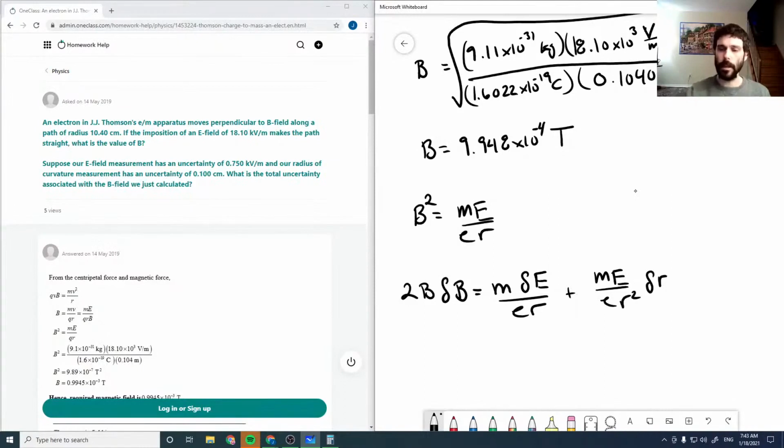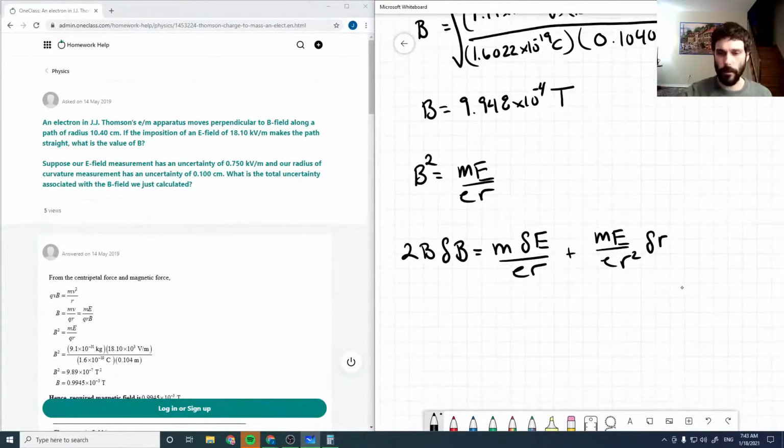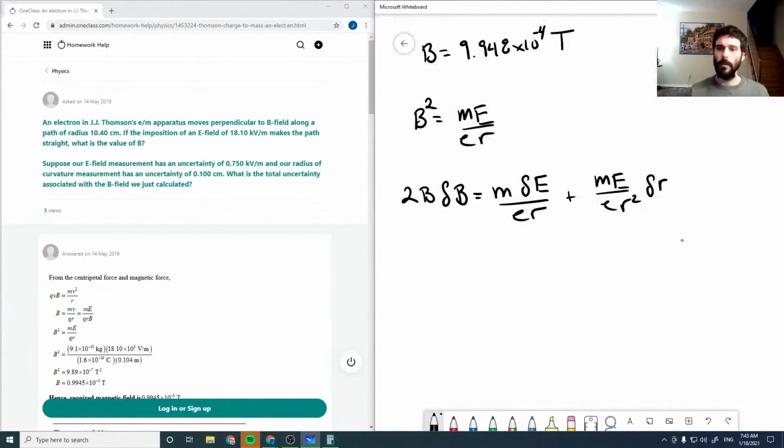So we're obviously going to take whichever will give us the larger error, as we want to know our maximum uncertainty here.